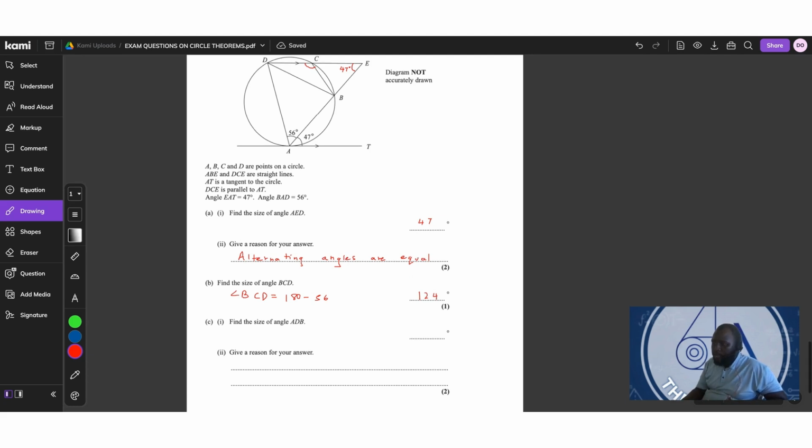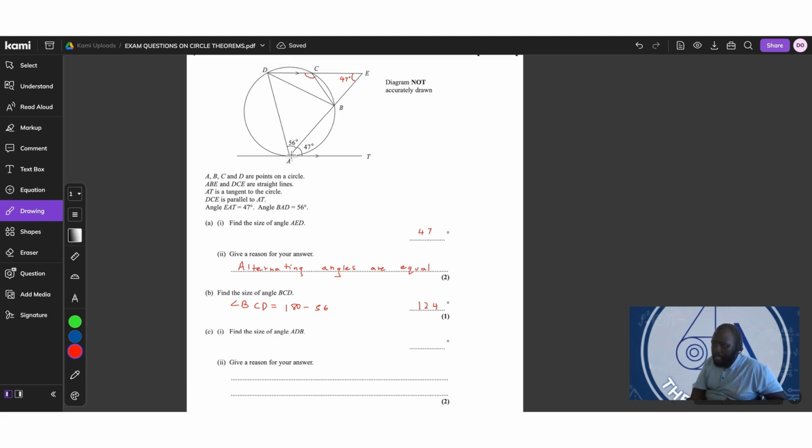Now find the size of angle ADB. Angle ADB is this angle here. And so angle ADB will also be 47 degrees. And for this, we give a reason. We say exterior angle to a tangent equals angle in opposite segment.